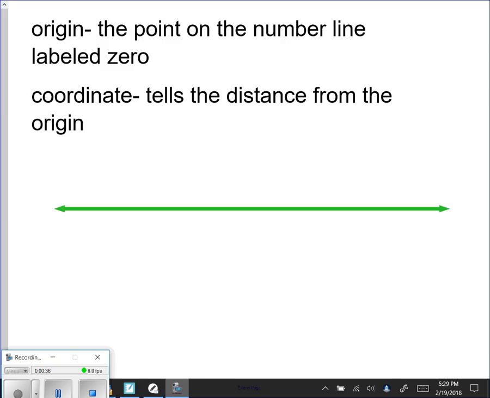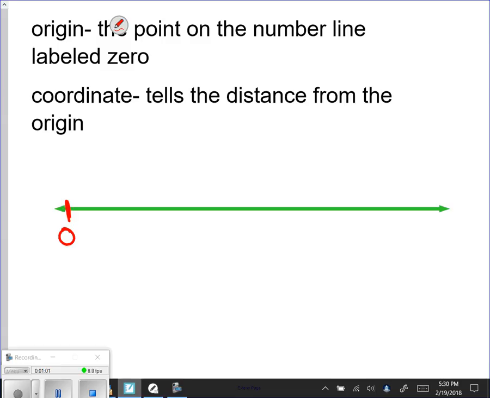So whenever you see the word origin, you need to know that it's the point on the number line that is labeled 0. So it's the starting point of a number line. Anytime you see the word origin, that just means 0. So a coordinate just tells the distance from the origin.